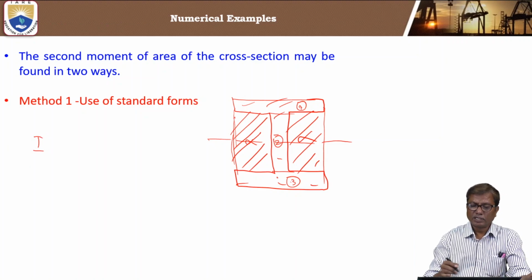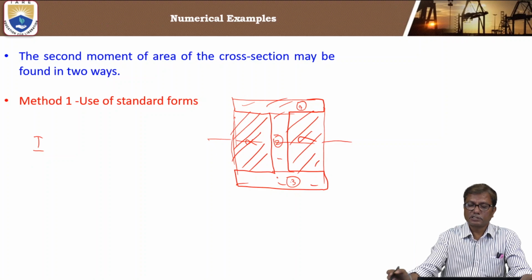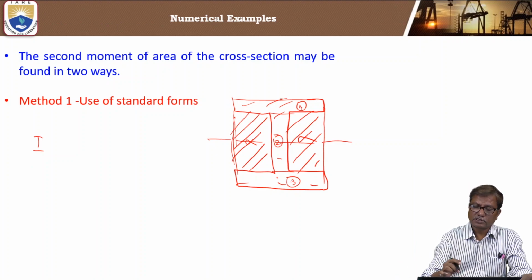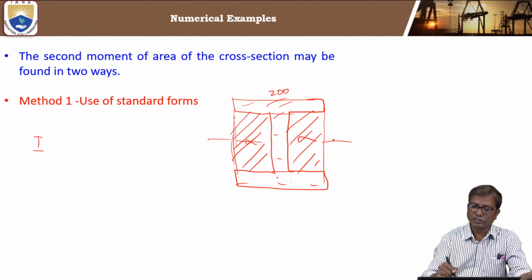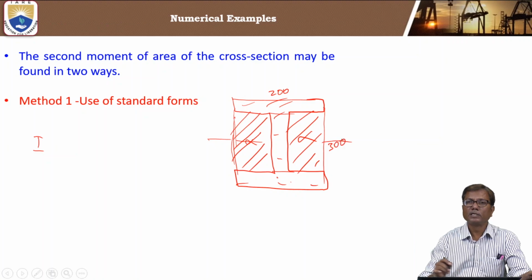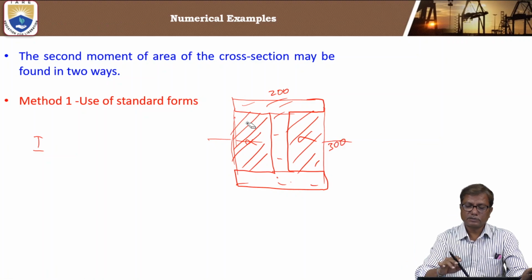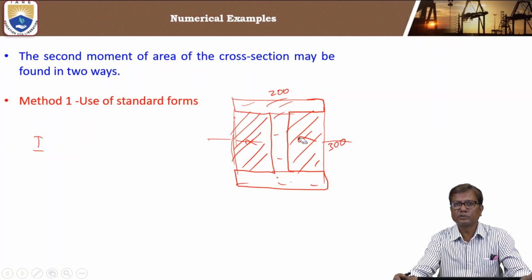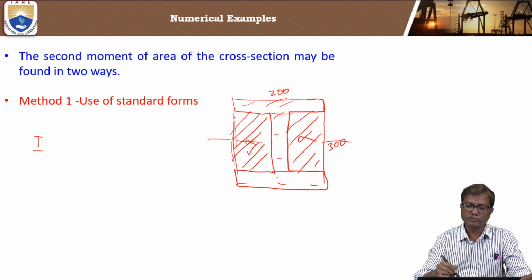Let us consider the first method, that is considering the rectangle as a whole of width 200 mm and depth 300 mm and subtract from that the shaded portion.